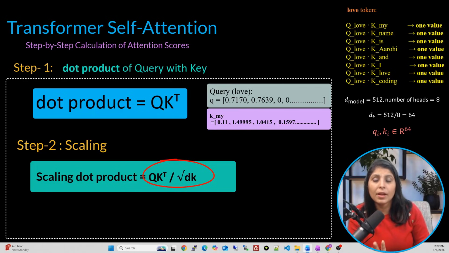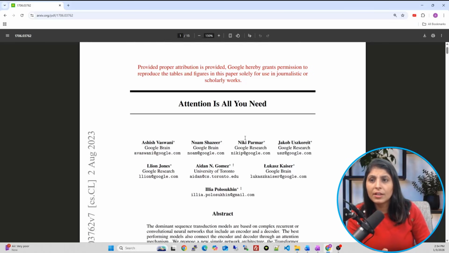Let me open the paper and show you. Guys, don't worry if you are not understanding what I'm writing right now, because why I'm performing this query and why I'm using this key transpose, that part I'm going to cover in detail in some time. So just keep watching. I can assure you that by the end of this lecture you will understand this topic. See, this is the paper, Attention Is All You Need.